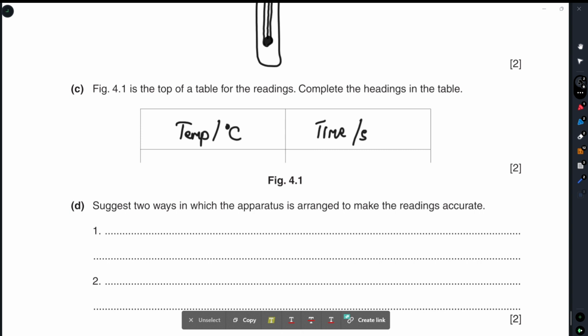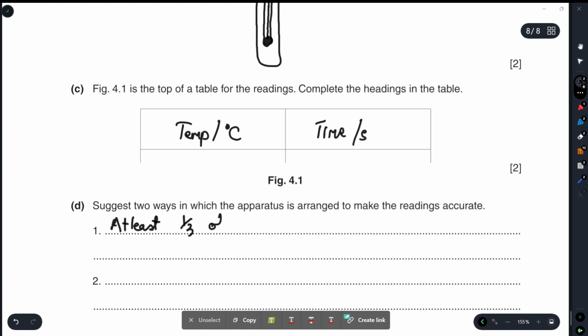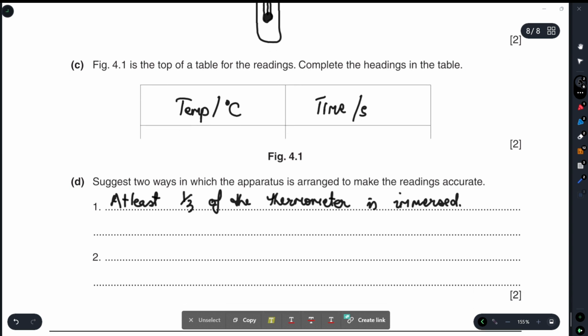So now here, two to three things that generally when we are measuring temperature you need to be careful of, and that is at least, we are going to say, at least one third of the thermometer is immersed. So we need to make sure that at least one third of the thermometer is immersed.